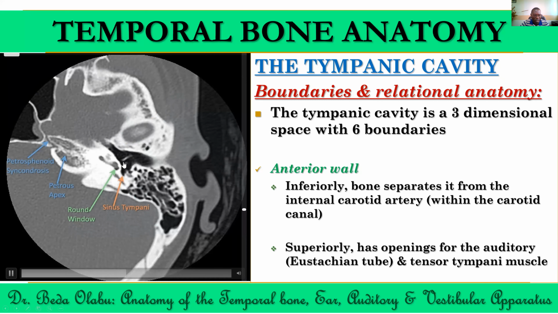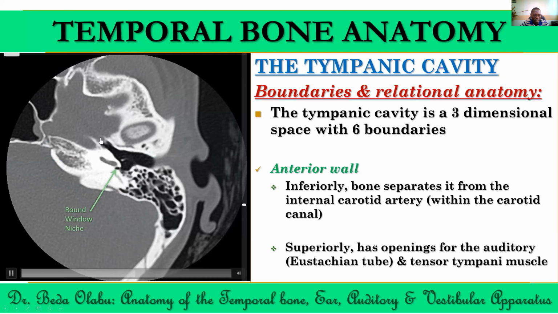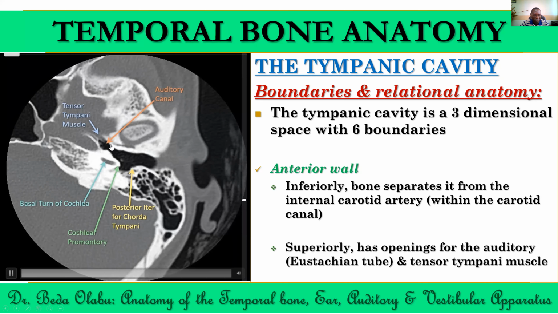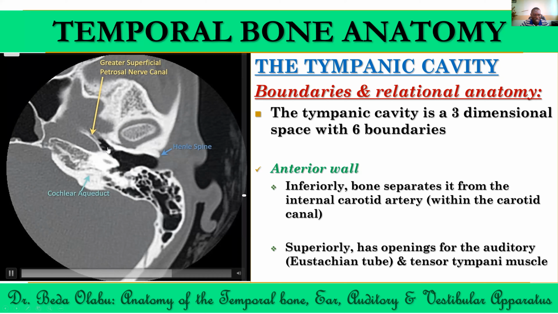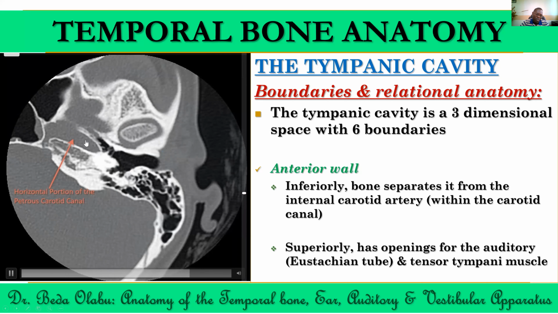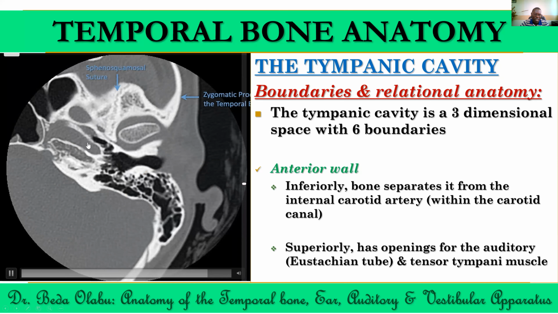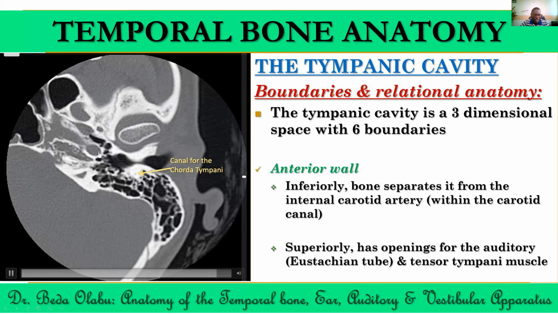This is still the middle ear. Now we can see that's the auditory canal of the pharyngotympanic tube. Now going much down, we can see this is the carotid canal, which is still also anterior. And this is the vertical part of the internal carotid artery, actually. So those are the anterior structures.